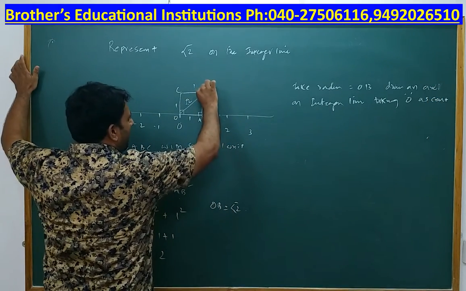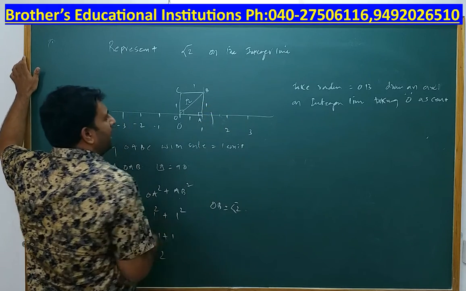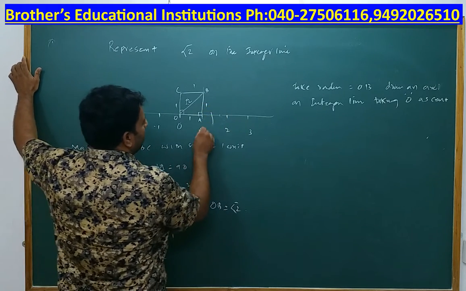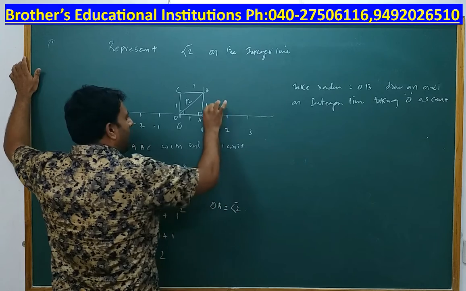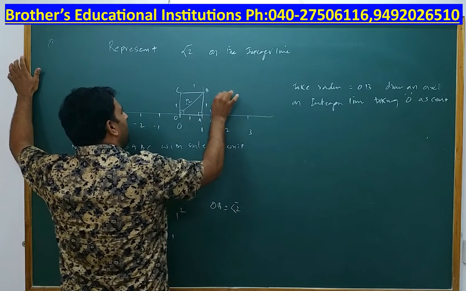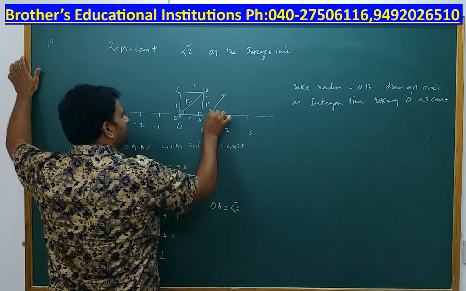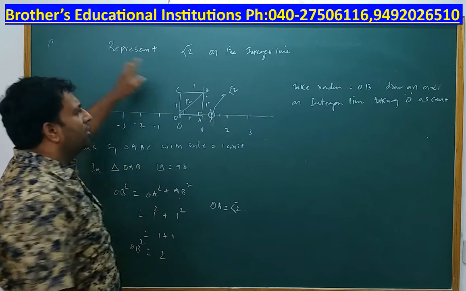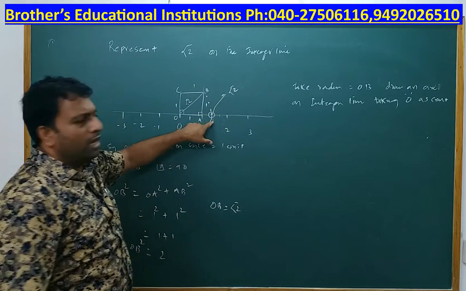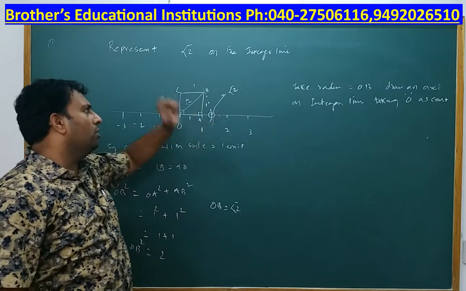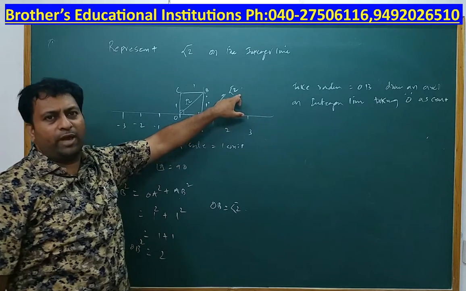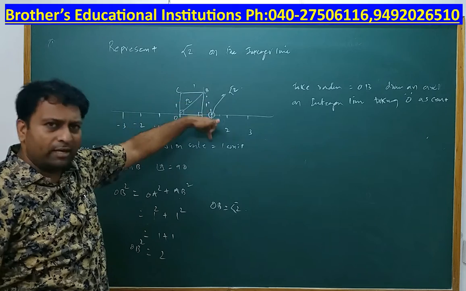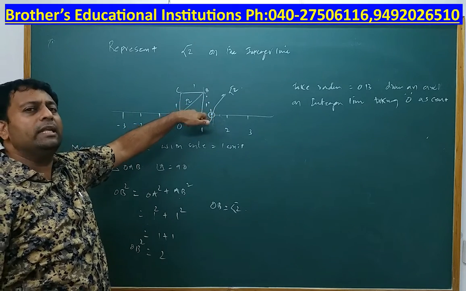I will draw an arc on the integer line. I can see very clearly between 1 and 2 the arc cuts here. Now this point is called root 2. So I have marked the value of root 2 on the integer line. No doubt I have no idea what the root 2 value is, but I am able to successfully mark the value of root 2 on the integer line.